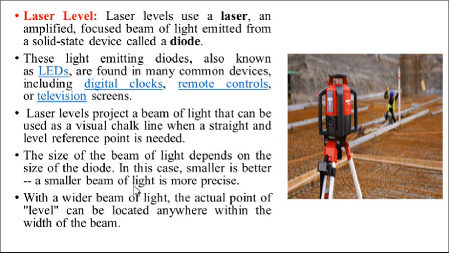With a smaller beam of light a more precise reading can be taken. With a wider beam of light, the actual point of level can be located anywhere within the width of that beam. Next slide.